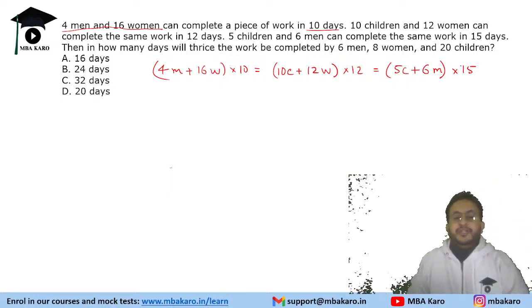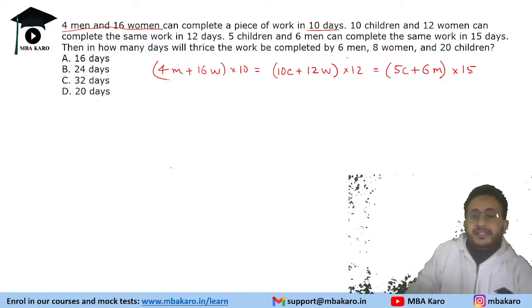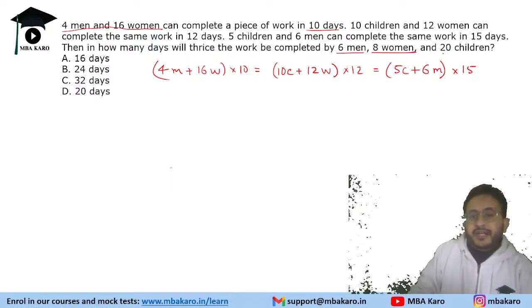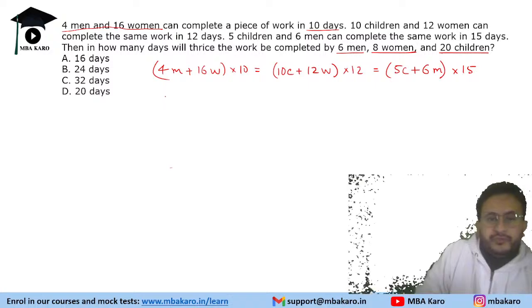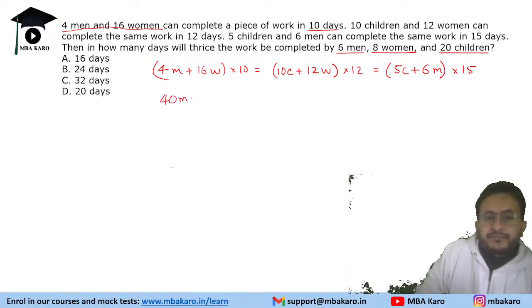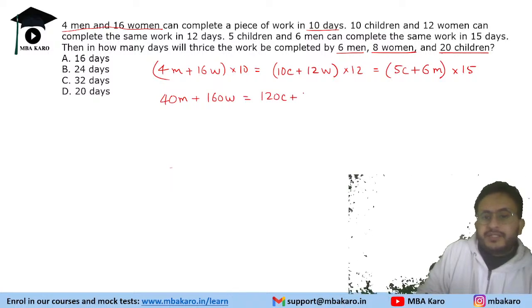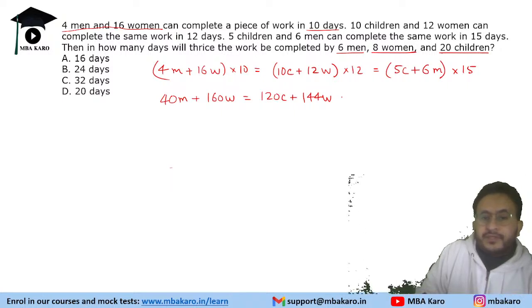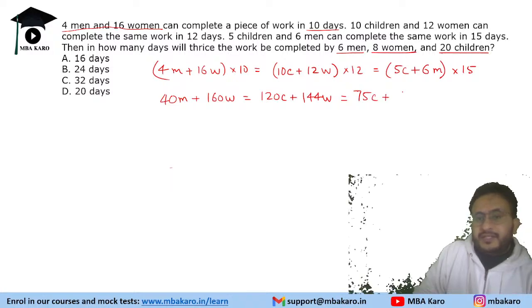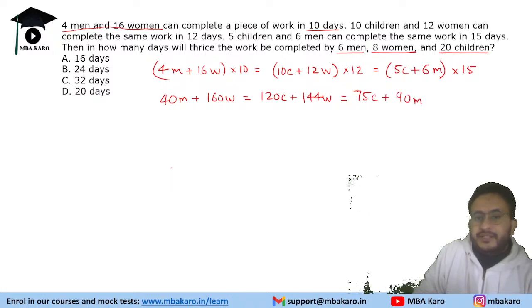So we need to find the work done by 6 men, 8 women, and 20 children. So we have 40m plus 160 women, that is equal to 120 children plus 144 women, and that is equal to 75 children plus 90 men.